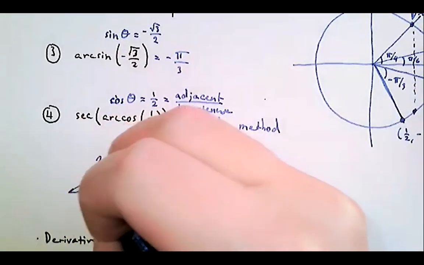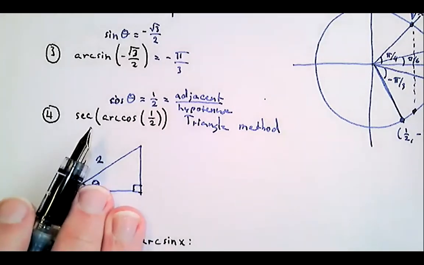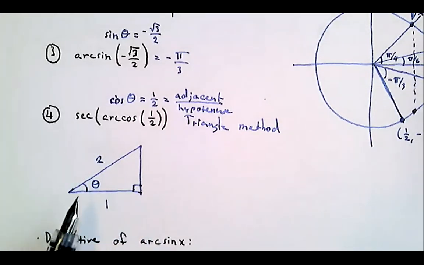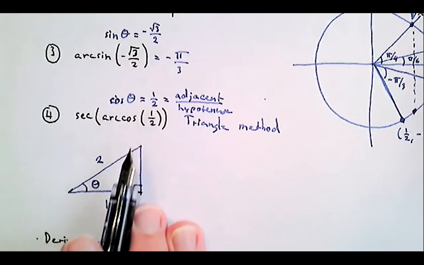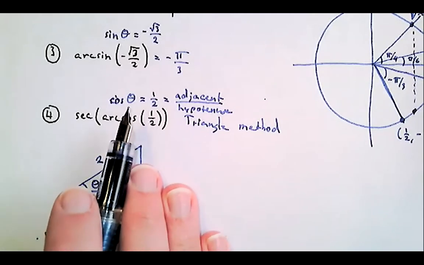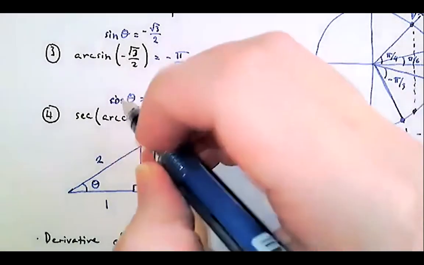And theta, which maybe we could figure out, but it turns out it doesn't even matter what theta is. We can just write it in. And then we're going to find the secant of this angle, the output of arc cosine. This is theta.